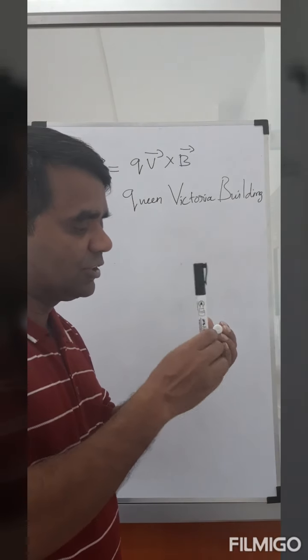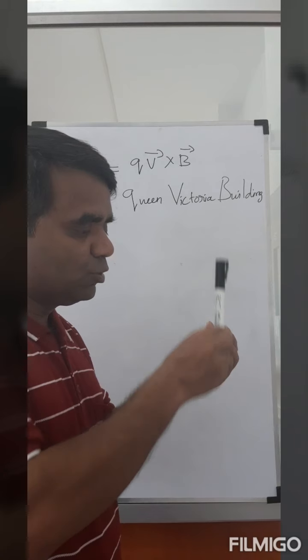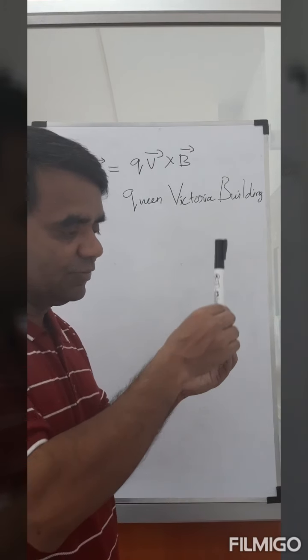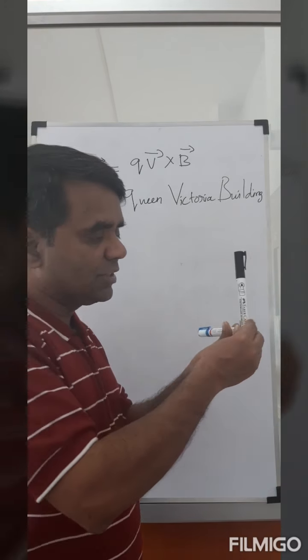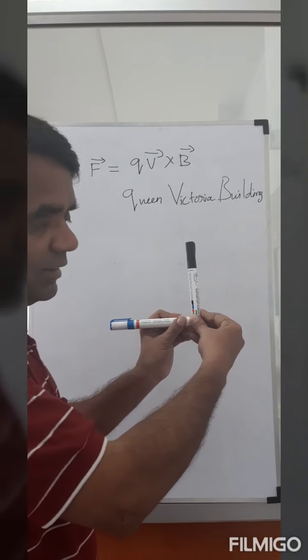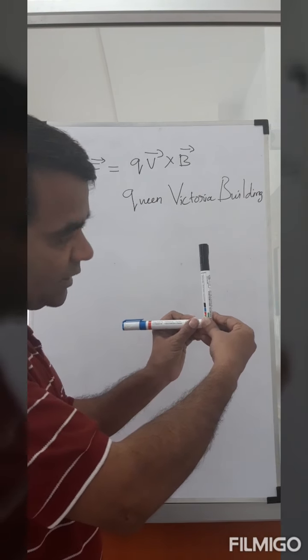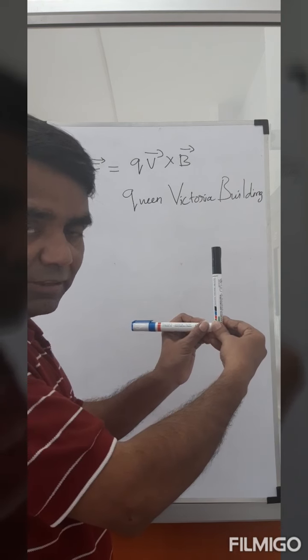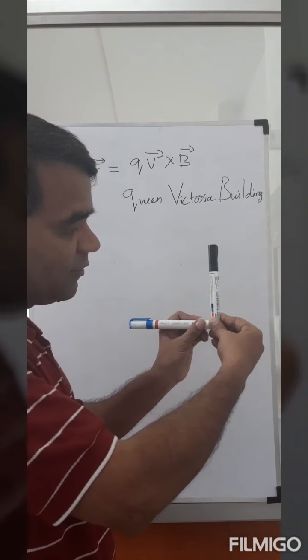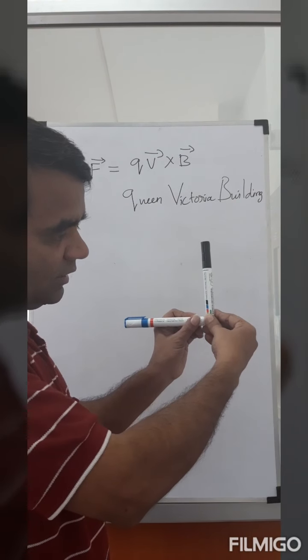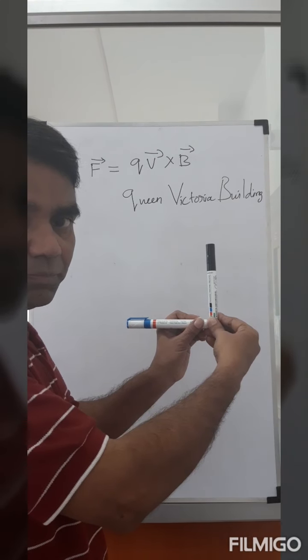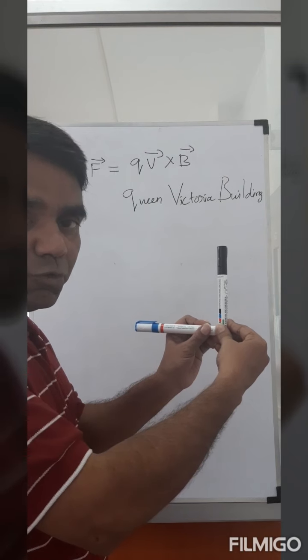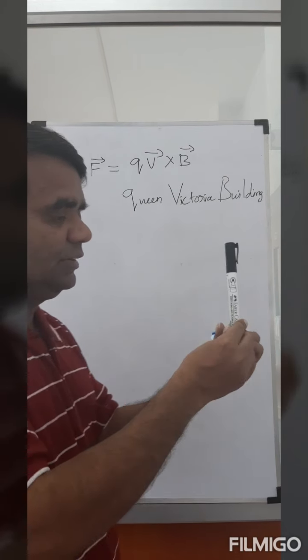The charge at this point is moving in this vertical direction. And notice that the angle between B, the magnetic field, and V, the velocity, is 90 degrees.